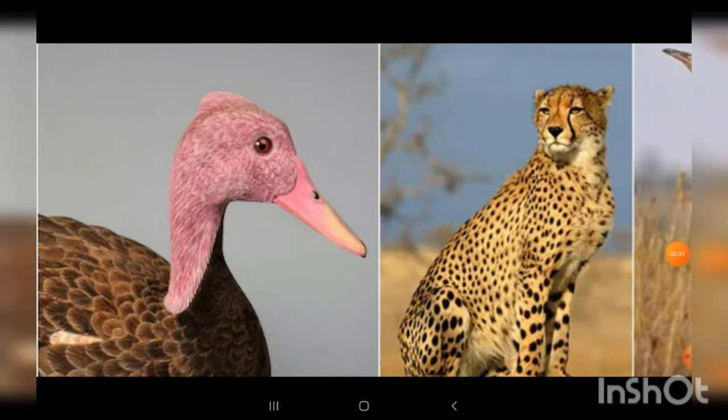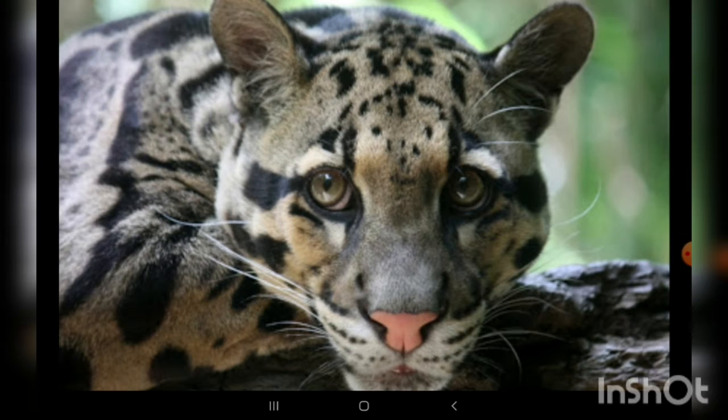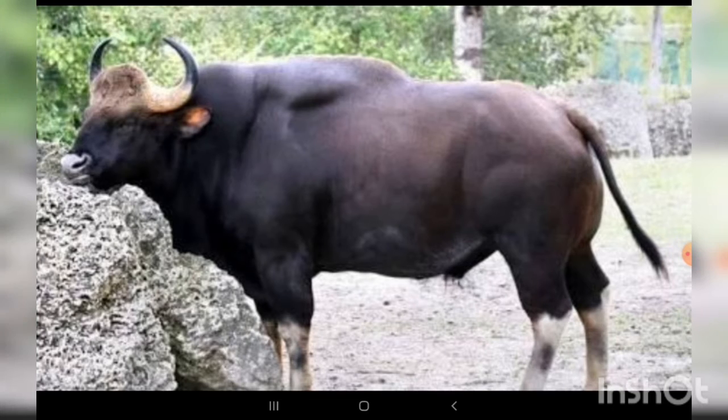Now let's take a look at various species in India. This is the pink head duck and the Asiatic cheetah, which have gone extinct in India and in the whole world. Then you can see the photo of the clouded leopard and gaur, which are currently in the vulnerable category.